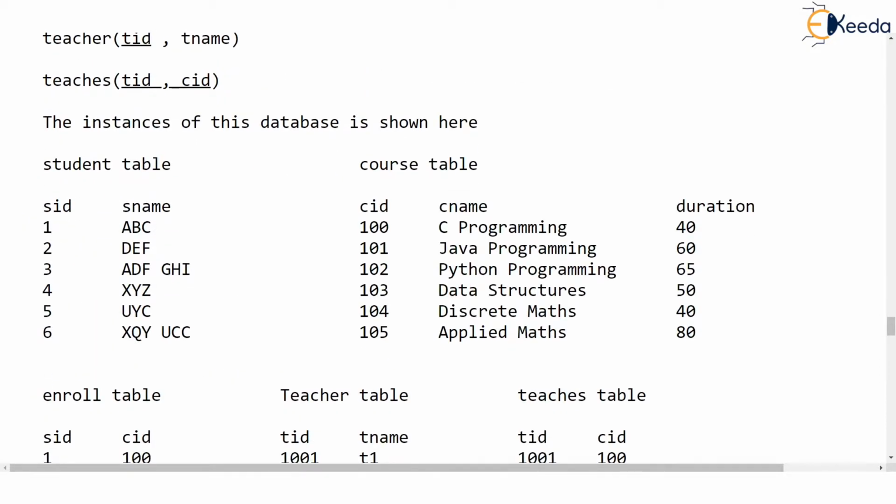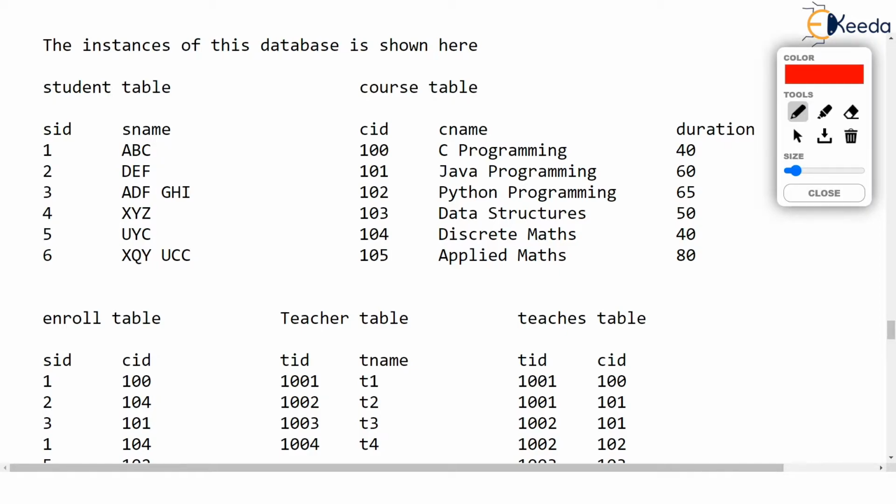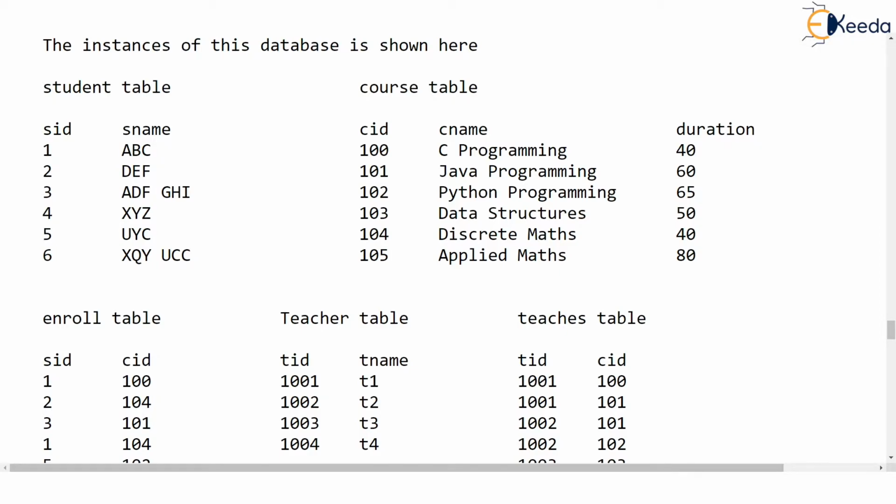Instances of the tables have been shown. For example, these are our students having SIDs 1 to 6 and some arbitrary names, and these are the courses offered. The course numbers are from 100 to 105. You can check the duration and title.